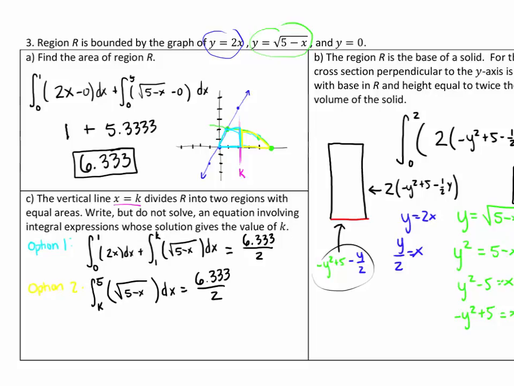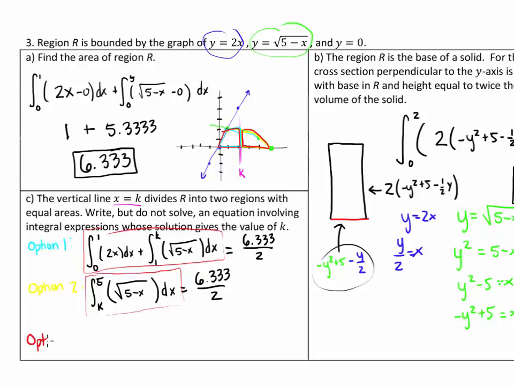The other option is to say this region right here has to be identical to the area of this region right here. So it's taking this piece and setting it equal to this piece. Let me write that out.